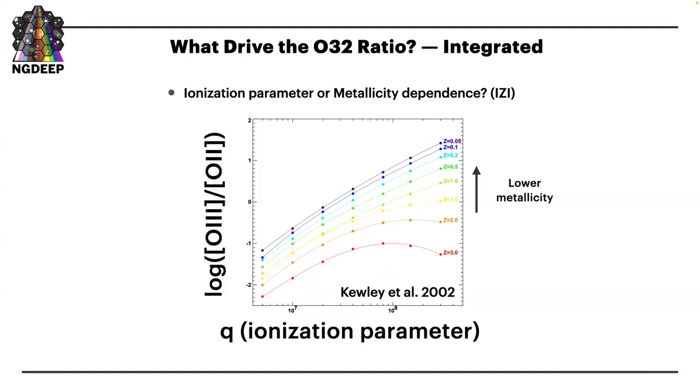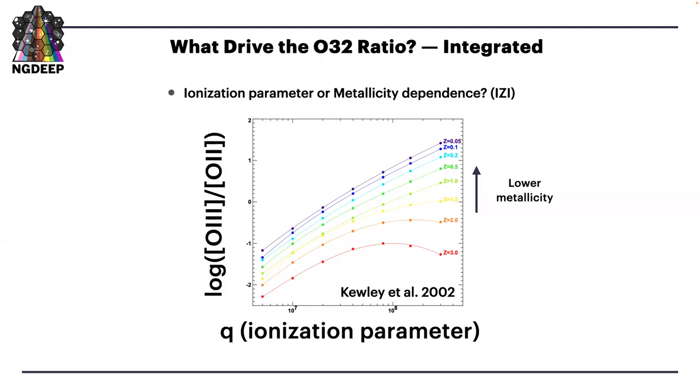Another question you may want to ask is what the O32 ratio is really tracing. Here is a plot showing the O32 ratio as a function of ionization parameter. This is from a photoionization model, and you see this is a very good correlation, but it also depends on the metallicity.